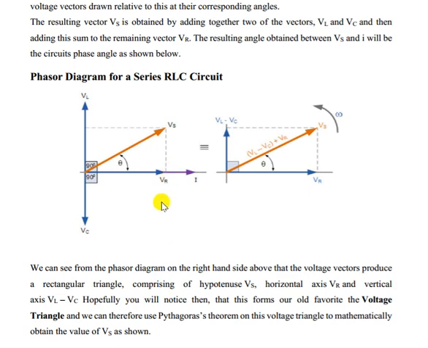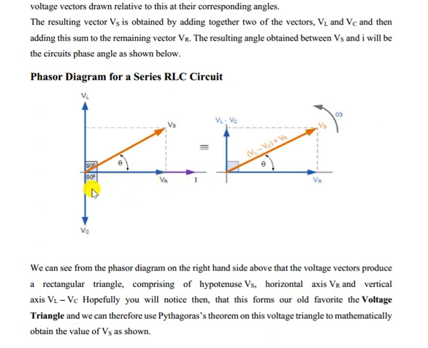For the inductor, voltage is leading the current, so this is VL. For a pure capacitor, current is leading by 90 degrees, and voltage is lagging. This is the case for the inductor and the capacitor, and for the resistor it is in phase.